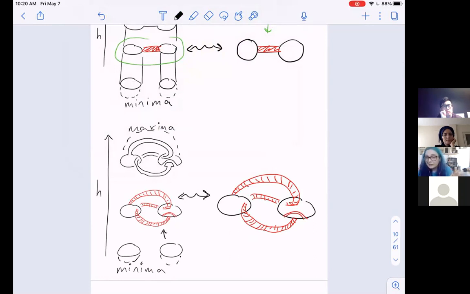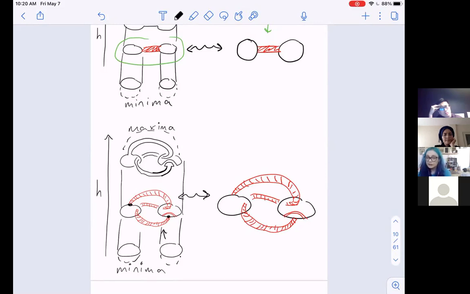My rectangles look weird, but they are still rectangles with two of the opposite edges on my link. And as I pass them in height, I will have the surgery on this link via these bands on the other side. I've deleted these sections of the boundary and replaced them with the other two long edges of the band.